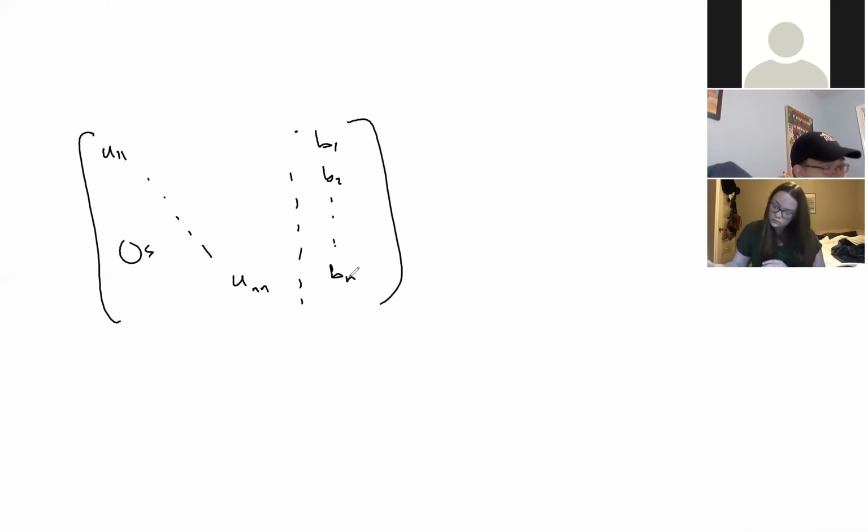If I hand this matrix to a linear algebra student and say, what's the first thing you can do here to start solving? What would be the first step? I would divide by u sub n to make that a 1. Yeah, and that would give you your nth x value, if you're solving u times x equals b.